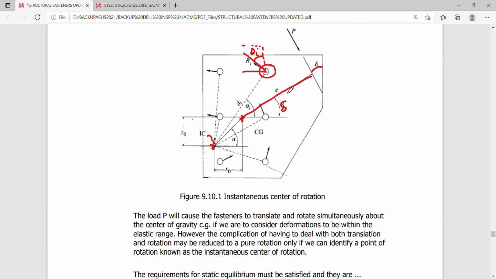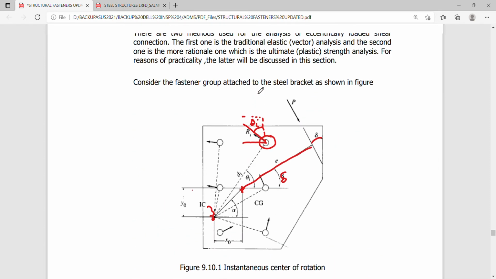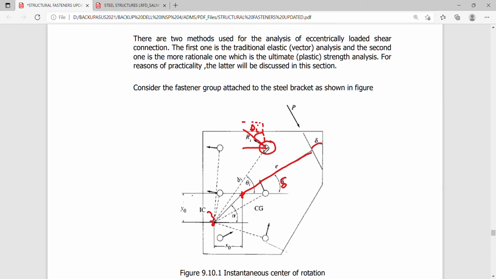The signs are negative because this is going downward to the right, and the signs of these are all positive because they are directed upward and to the left.